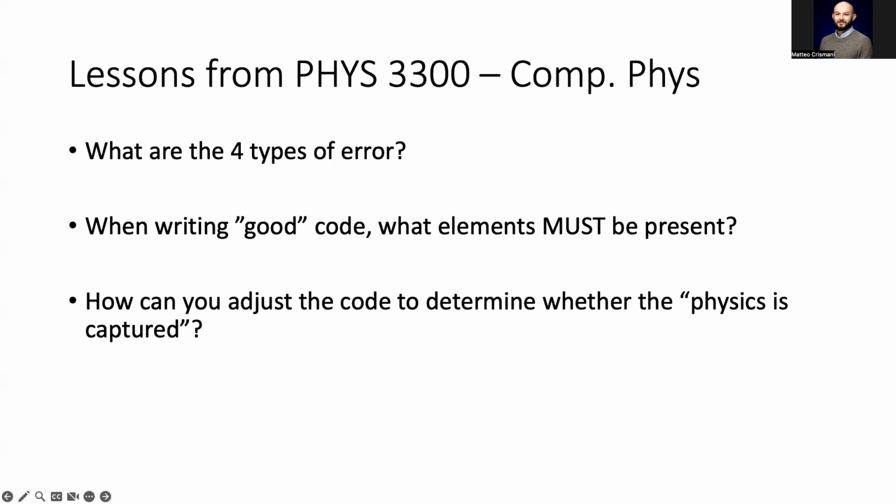You don't have to waste your time at that smaller resolution or time step. But if changing the width, either in time step or in the spatial grid, changes the outcome, that means you haven't captured the physics.